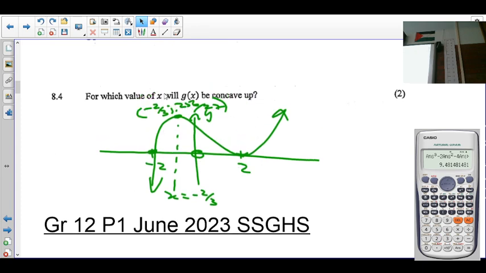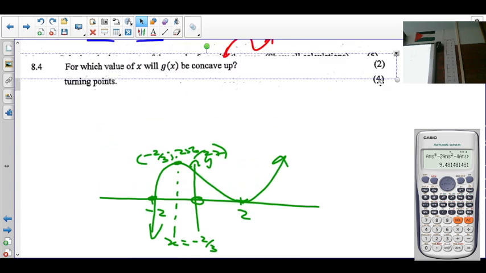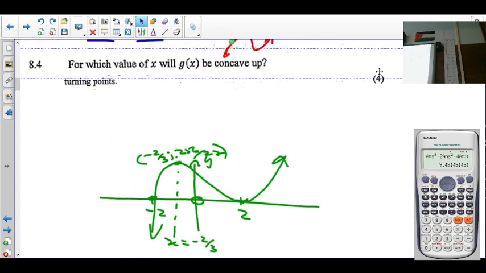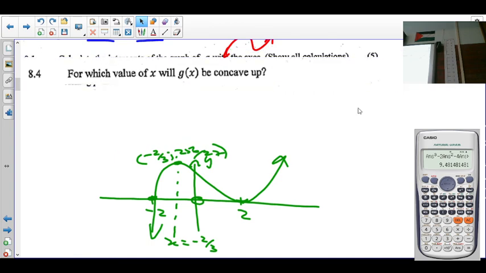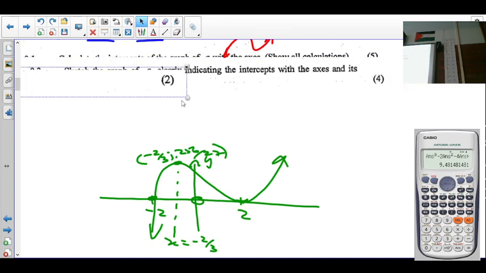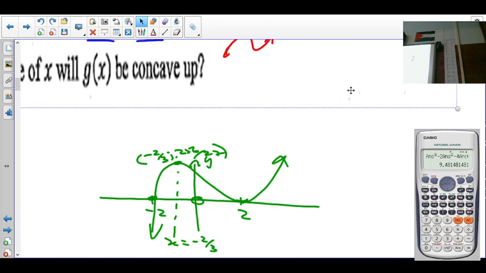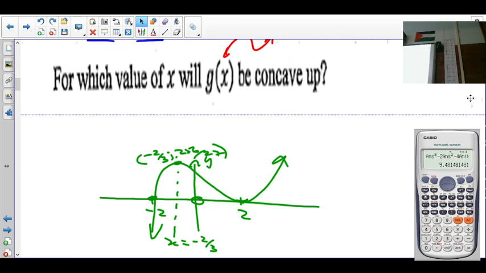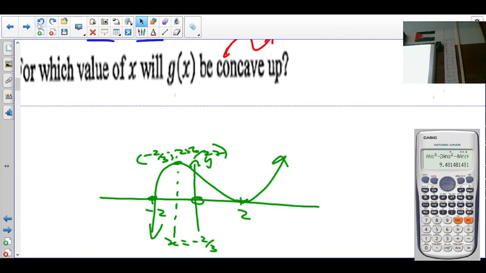Just pull this question up here. Okay, I can't make this much bigger.